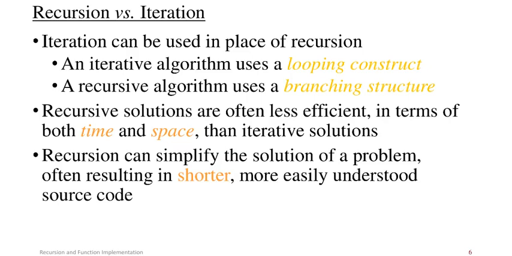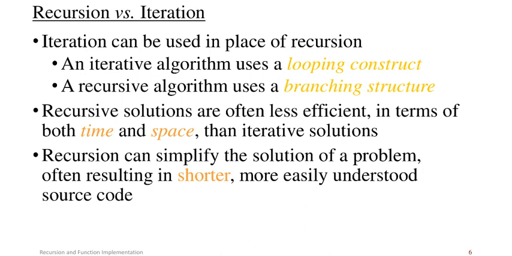So here I am going to be a little bit more elaborate on this recursion versus iteration. Iteration can be used in place of recursion, but an iterative algorithm uses a looping construct and a recursive algorithm uses a branching structure. Please focus a little bit over here. An iterative algorithm uses a looping construct, a loop like a for or a while or a do while.